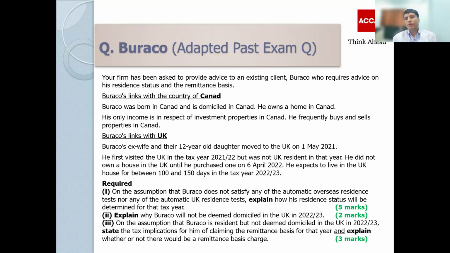So we know the sufficient ties test have 5 ties. And for someone who is coming to the UK for the first time, the 4 of those tests are going to be applicable, which we'll look at in a minute. So this question is telling, explain the sufficient ties test, not the first 2. Remember how the statutory residence test works. You always begin with the automatic overseas test, AOT.